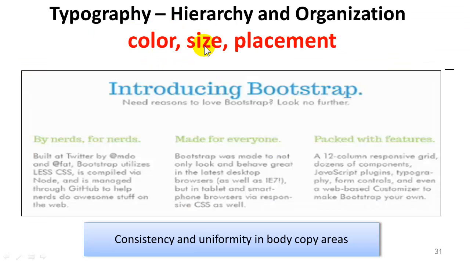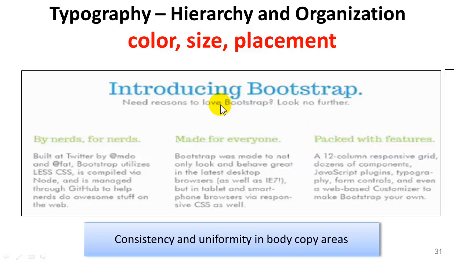Okay, color, size, and placement of the type helps in establishing hierarchy and organization. So this is from a website. Here's their title and their tagline. Notice the content. Notice the color and the size. Here we have 3 different sections.